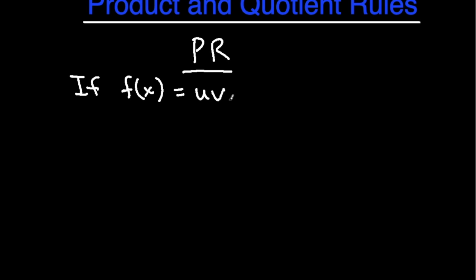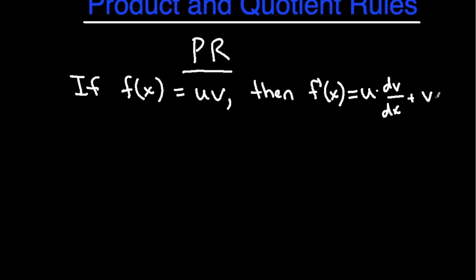So to start, let's use the product rule, and I'm just going to denote that as PR, and it says that if you have a function f of x and it equals u times v, then the derivative of f of x is equal to u times the derivative of v plus v times the derivative of u.